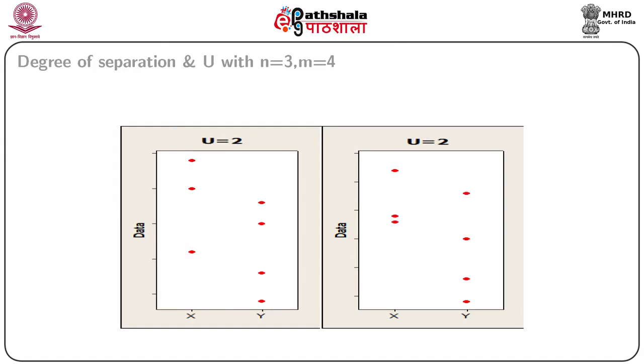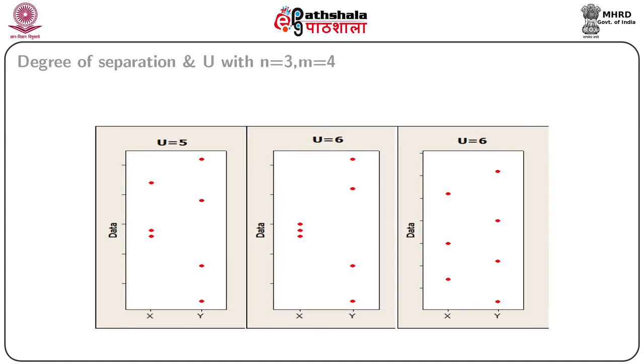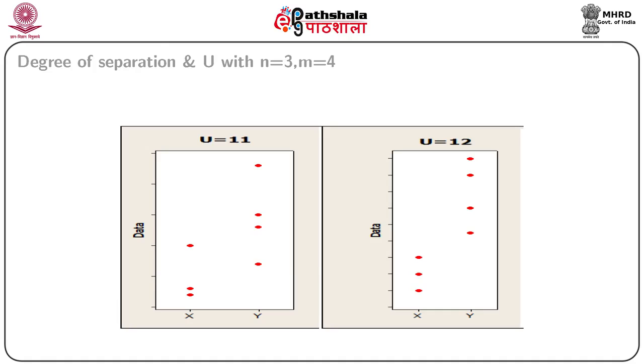For figure 3, we find 2 x's more than all y's and 1 x is just less than the 2 y's. In figure 4, we find 2 x's just less than the highest y observation, and for these two figures, we find that the observations are getting mixed and hence making U larger. The next figure shows a well-mixed pattern and hence U becomes larger. Now, if we look at figure 8, we find that most of the y observations are shifted upwards.